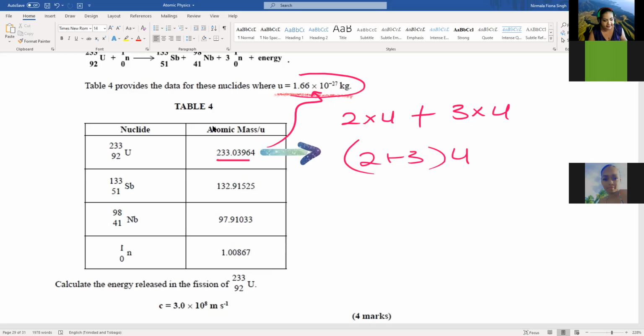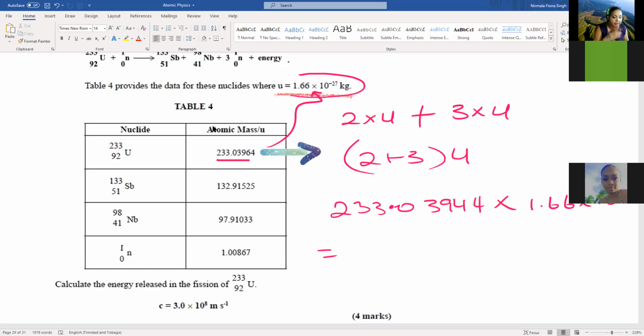If you want to go ahead and convert each u to kilograms, all you have to do is take 233.03964, the 0 is the point here, multiply by 1.66 by 10 to the minus 27. You multiply it through and you get your answer. You try to keep as many decimal points as possible because you need to be precise with this question.